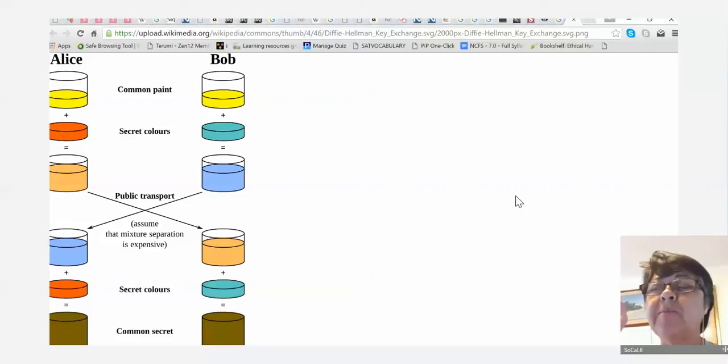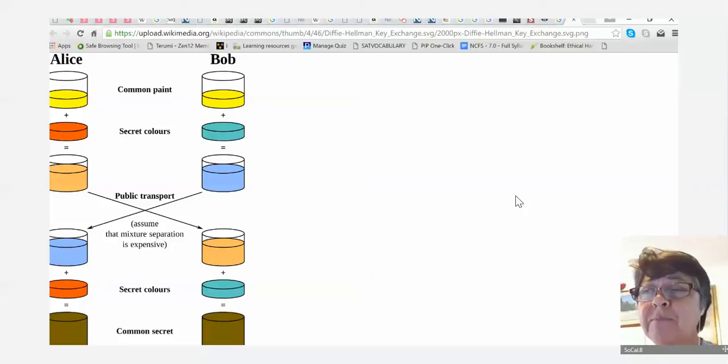And they'd look at the baby blue and say, oh, that is definitely a combination of yellow and turquoise. But there are many ways to get blue, many ways to get orange. So the assumption is that mixing is easy, but separation is expensive. And if they could figure out the yellow, then they could figure out all the rest. So we're saying it's expensive, not impossible.